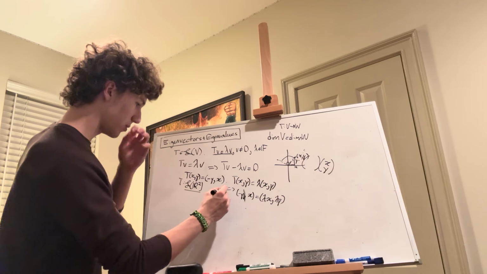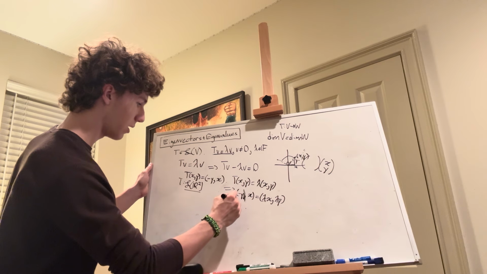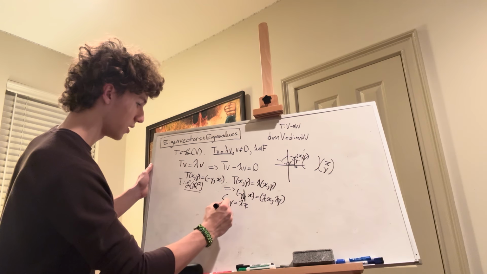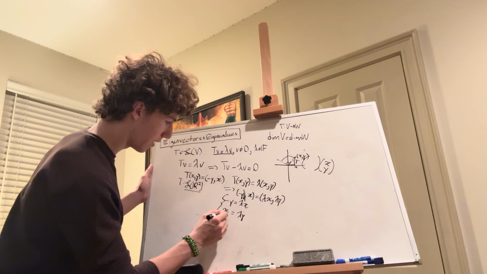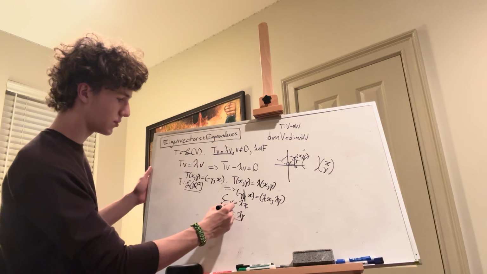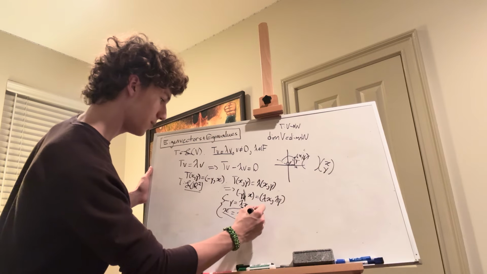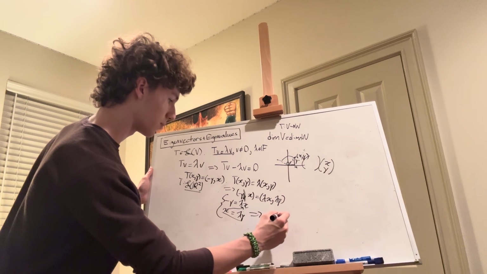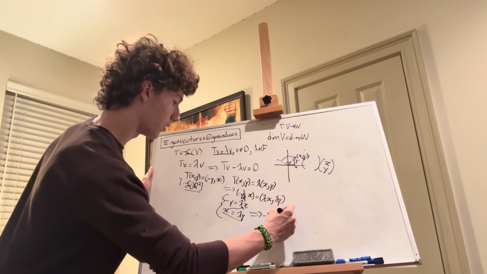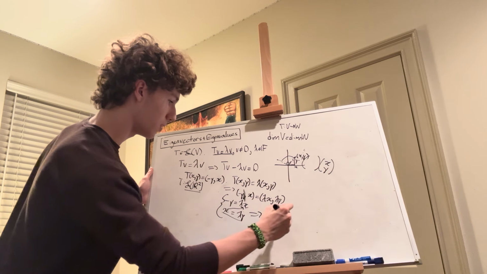Okay, so now we have a system of equations. We have minus y equals lambda x, and we have x equals lambda y. All right, but we have a value for x here, so let's substitute it in that first equation. So we have minus y is equal to lambda squared y, because it's lambda times lambda y.